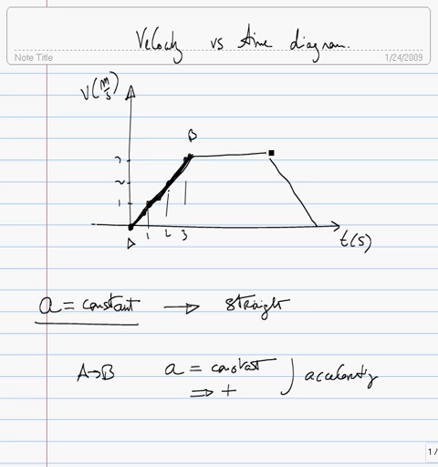Now from B to C, our velocity is at 3 meters per second, then 3 meters per second, then 3 meters per second, and 3 meters per second. Therefore, a is still constant and equal to 0. We're not accelerating nor decelerating. We're cruising at constant velocity or constant speed.